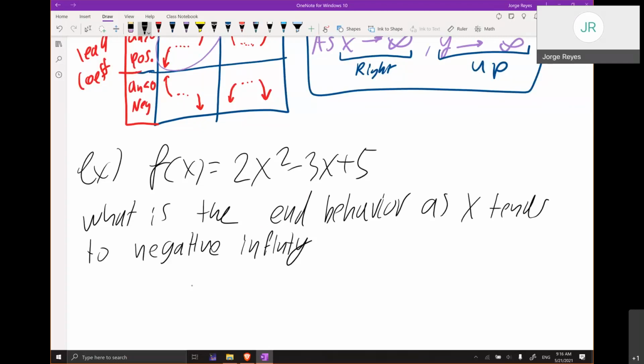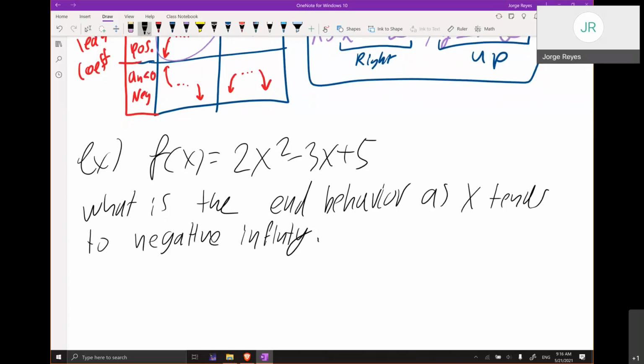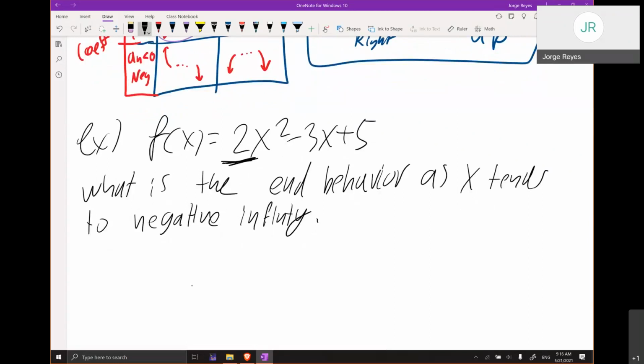So the question is basically, what happens when x goes to the left? If we do the leading term test, right, we are even degree and positive coefficient. So that means we look like this. This is our end behavior. So x tends to negative infinity means left. So this.